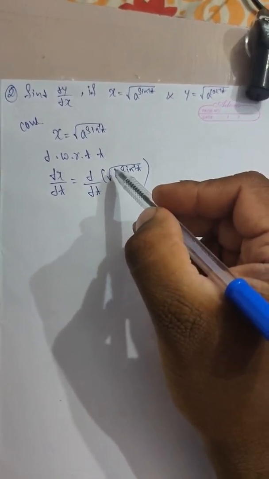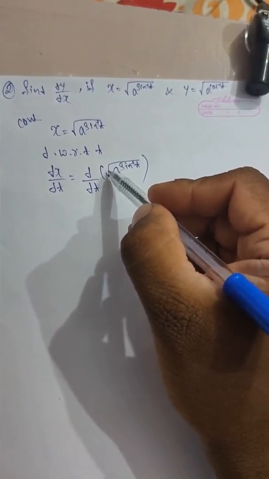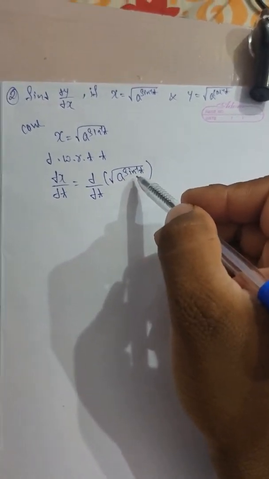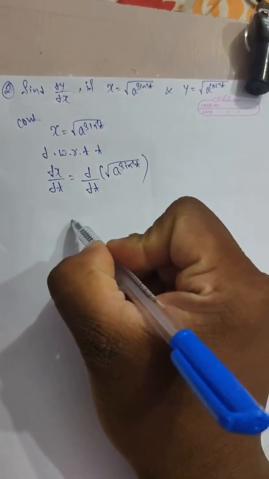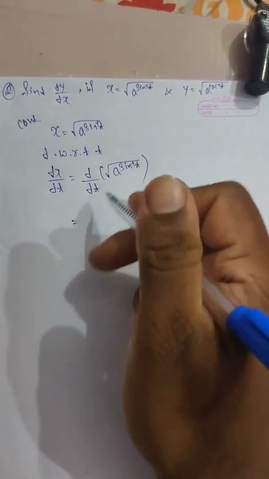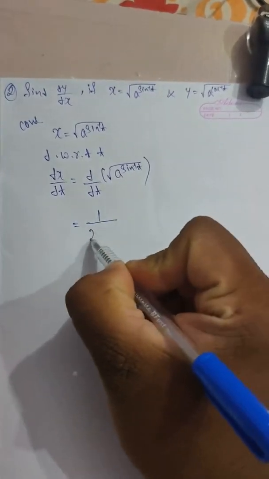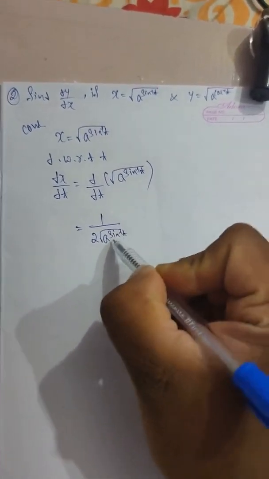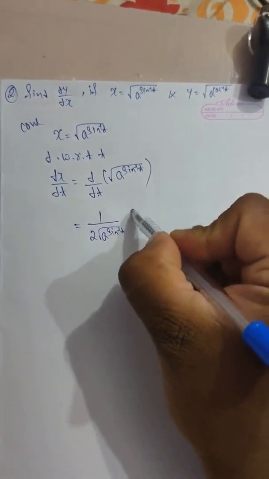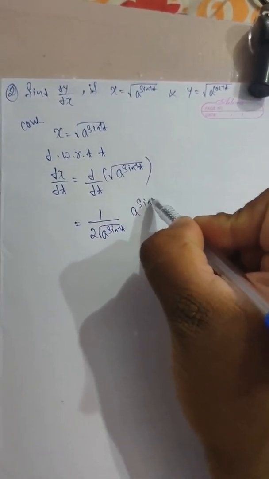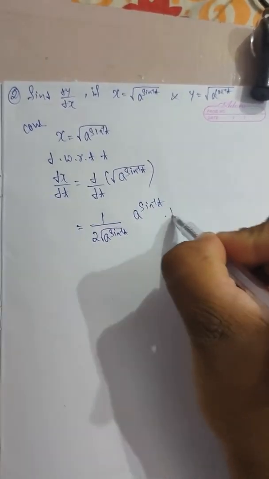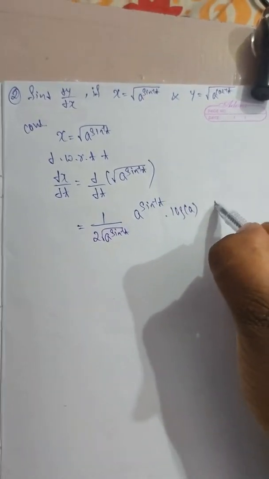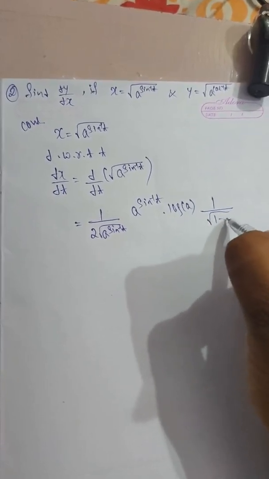What is the chain rule differentiation? It means first you differentiate the root, then go for the a, and then go for the sin inverse t. The differentiation of root is 1 by 2 root of a to the power of sin inverse t. Again, the differentiation of a to the power of sin inverse t is a to the power of sin inverse t into log a. Again, the differentiation of sin inverse t is 1 by root of 1 minus t square.